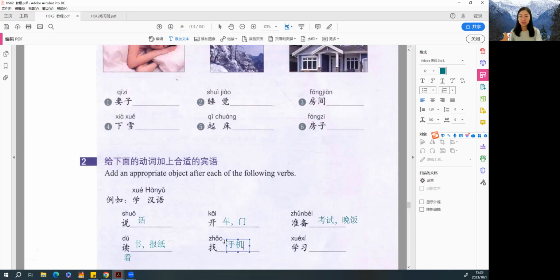Searching, looking for the cell phone, 找手机, or searching for a person, 找人.